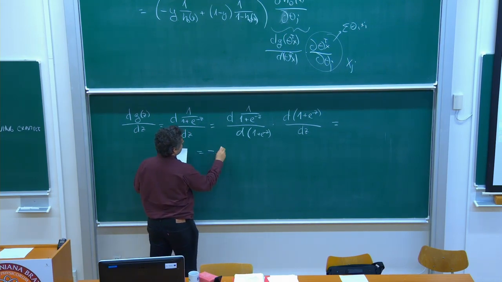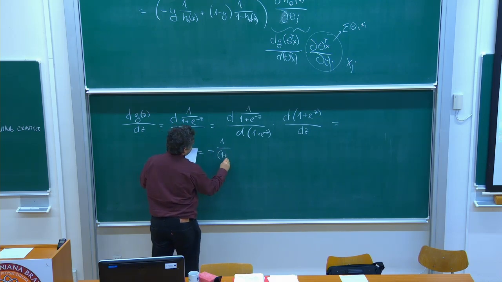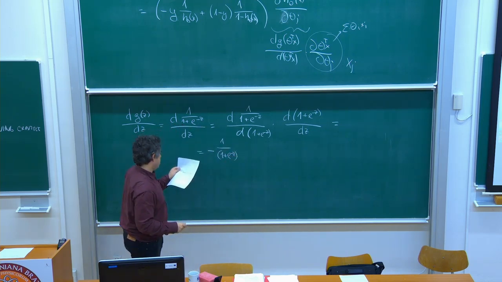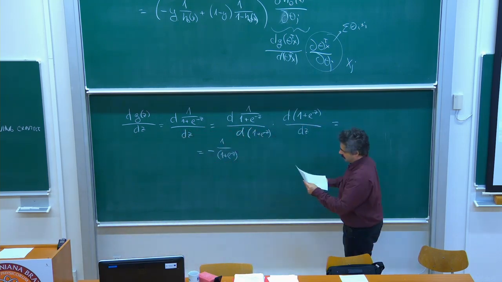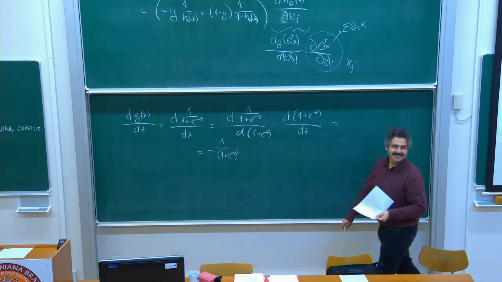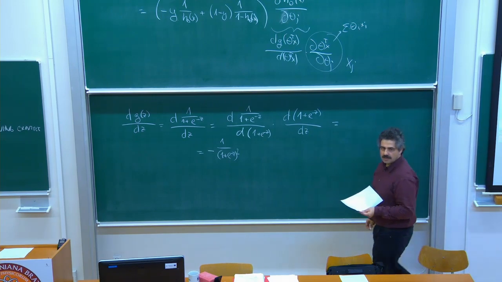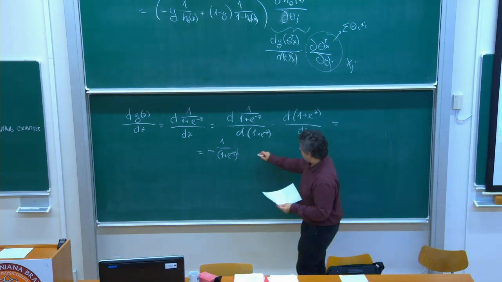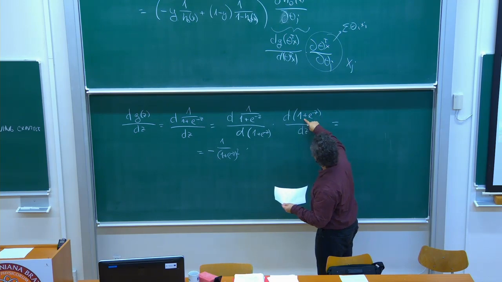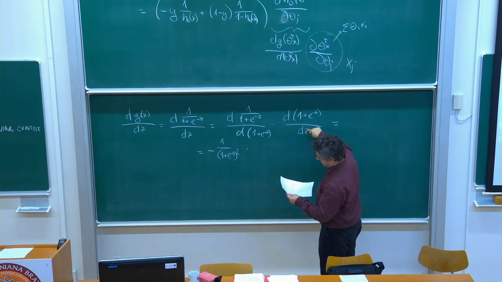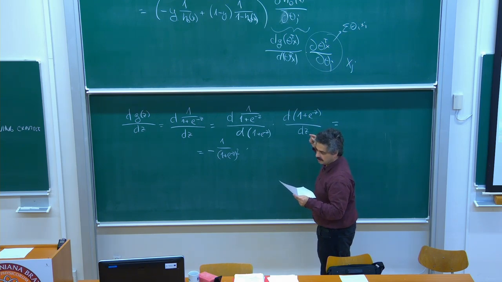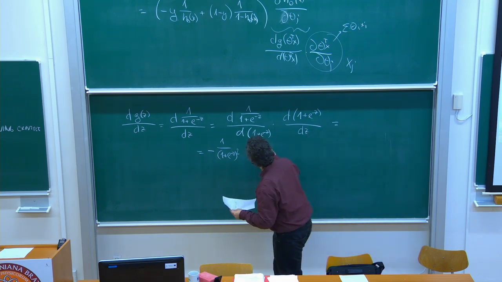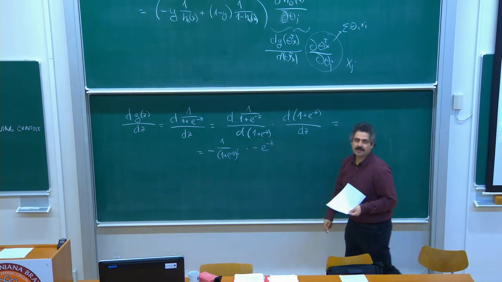So this is minus 1 over (1 plus e to the minus z) squared. And the second thing, the derivative of 1 is 0, right? And the derivative of e to the minus z over z is minus e to the minus z, I think.